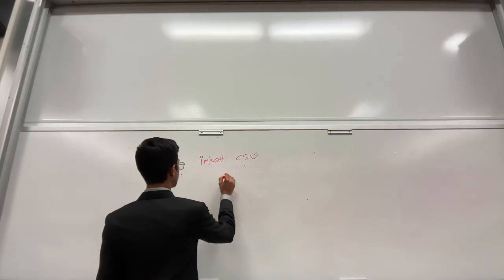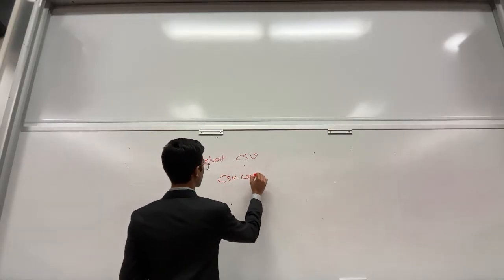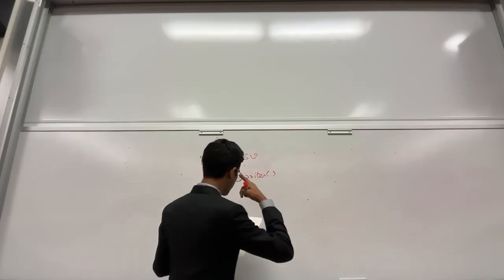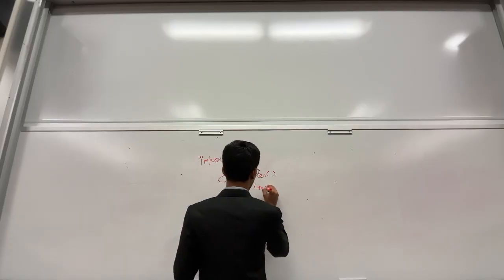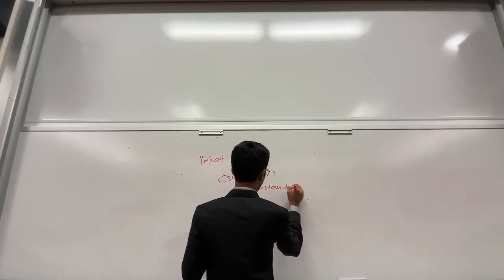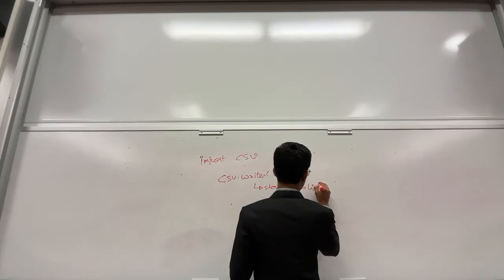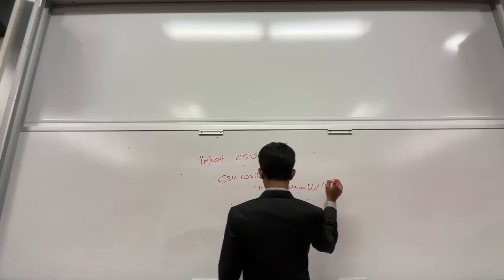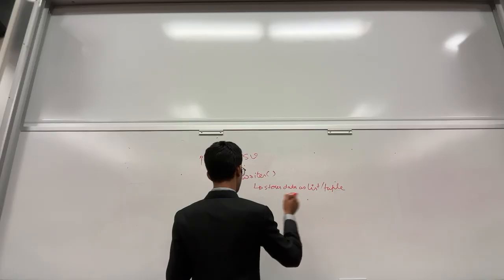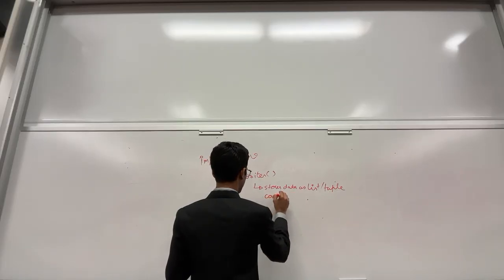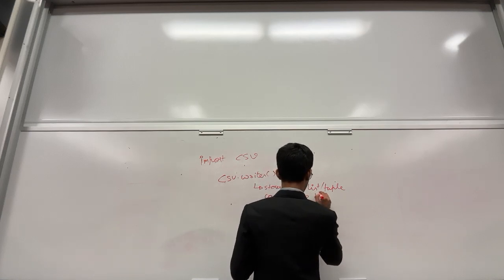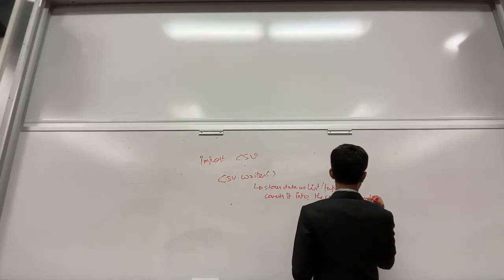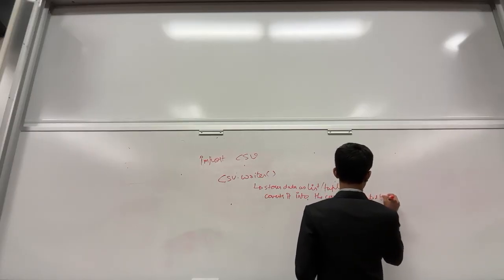So for that, we use something called a CSV.writer function. What this does is it stores data as a list or a tuple, and converts it into the correct delimited form.